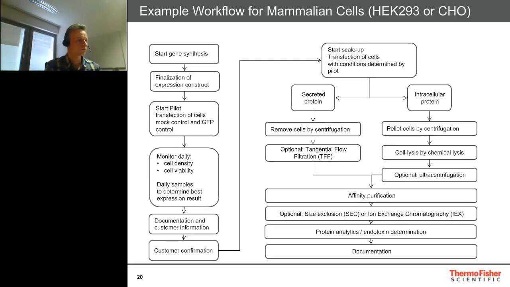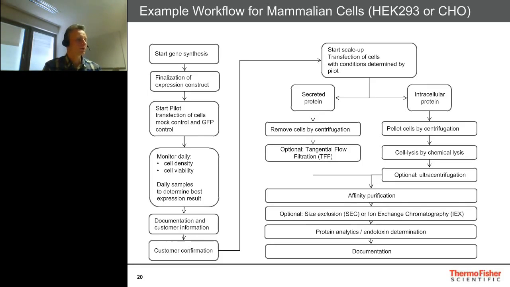If you confirm, we start the scale-up, for example 1 or 10 or 20 liters, and we can obviously purify secreted proteins and intracellular proteins. We either work with the supernatant or with cell pellets.